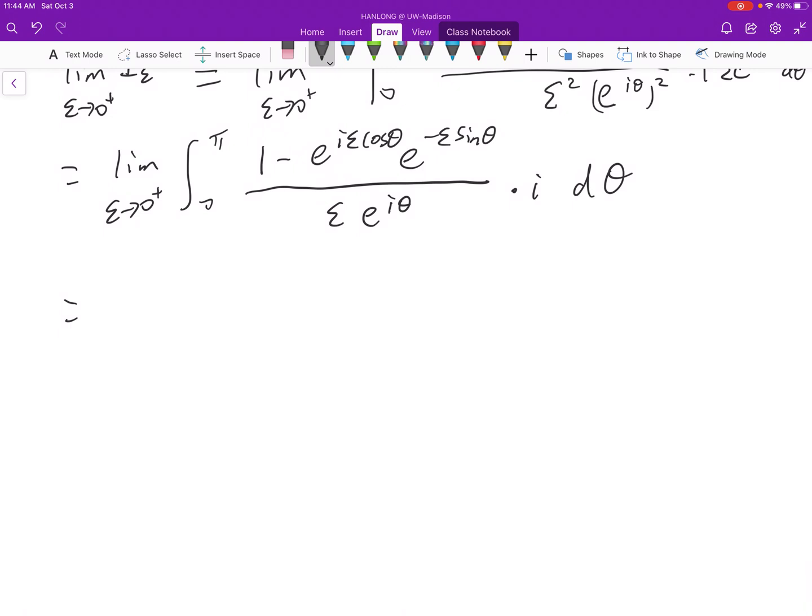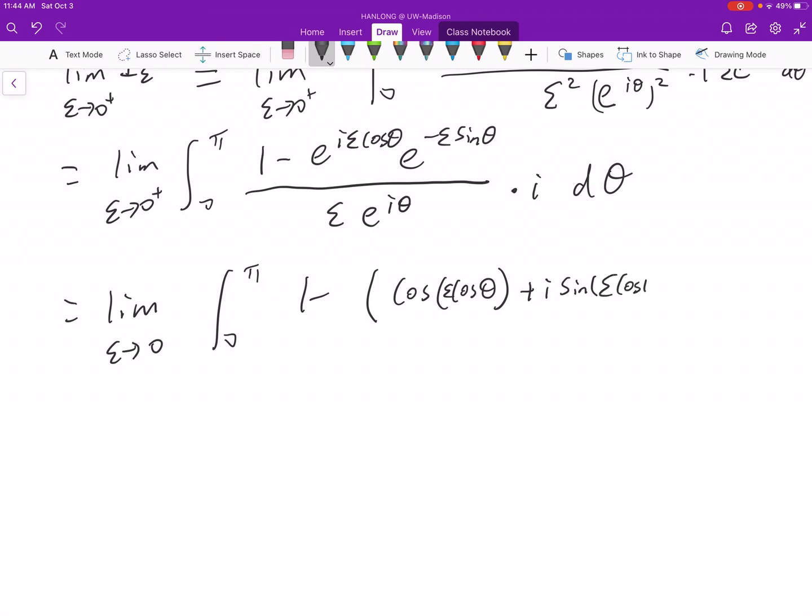Since epsilon is small enough, we can use Taylor expansion. So 1 minus exponential i epsilon cosine theta. Here we use the Euler formula: cosine of epsilon cosine theta plus i sine of epsilon cosine theta.